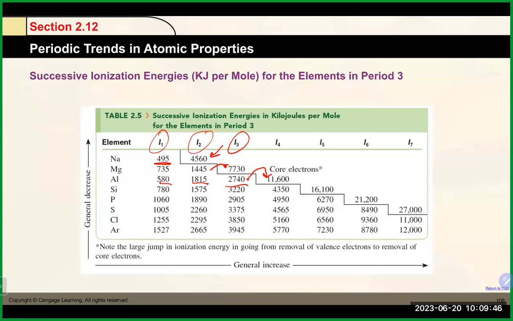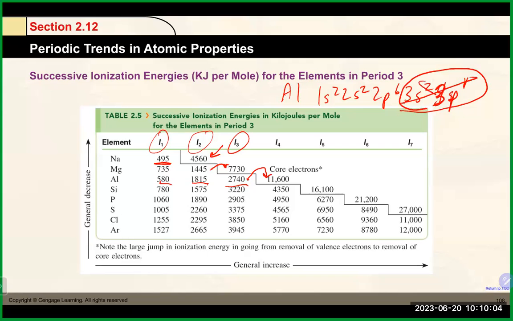Aluminum being 13, 1s2, 2s2, 2p6, 3s2, 3p1, there we go. In this case, it has 3 valence electrons, which are those. And once you get through those, you're now into those core electrons. And again, that fourth one, not going to happen.